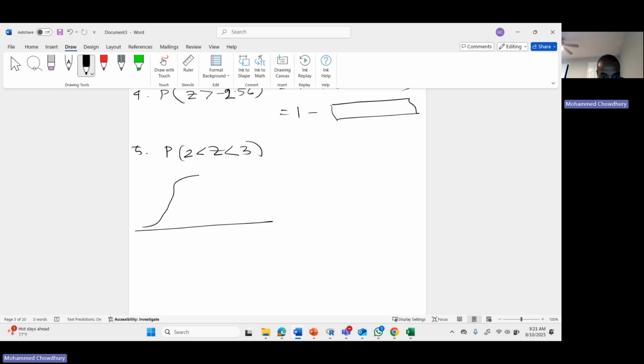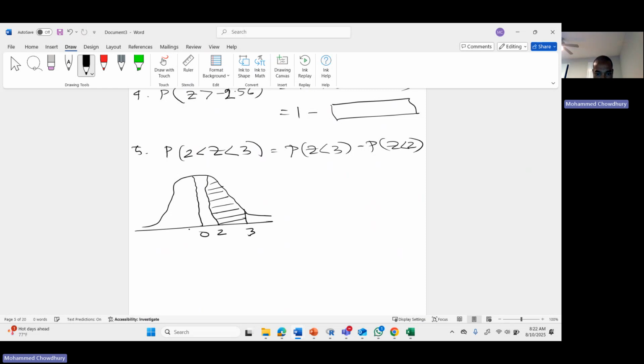This is 0, this is your 2, and this is your 3. You can do it like this: probability of Z less than 3 minus probability of Z less than 2.